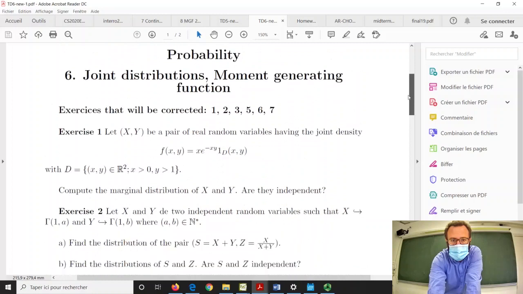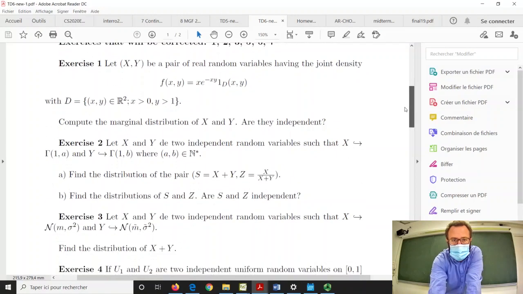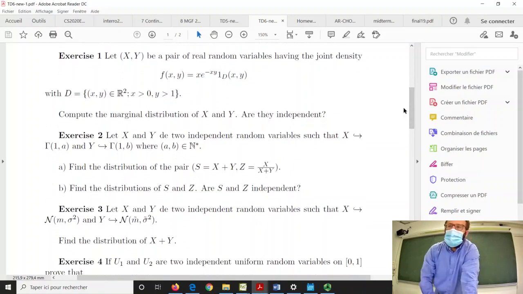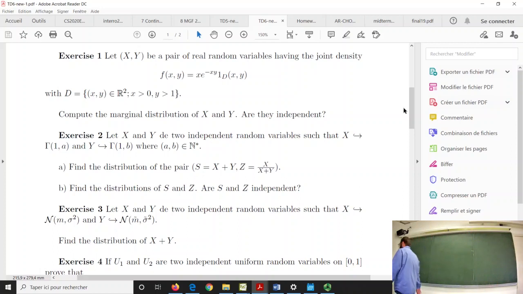Okay, so let's do exercises. So from the list 6, do the 1 and the 2. So start with the 1. So in this exercise, I give you a joint density. So it's important to read the statement, because here I tell you that it is a joint density. Okay? So typically, you know that if you compute the double integral, you obtain 1.